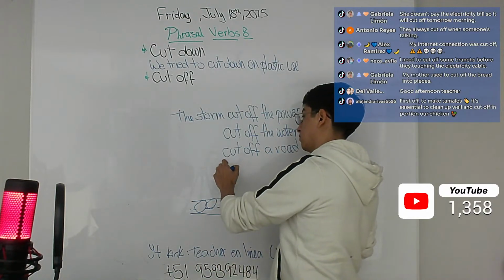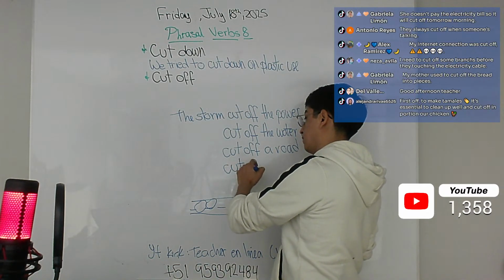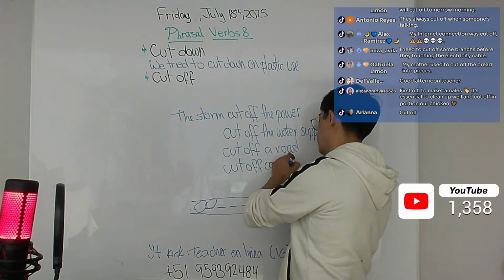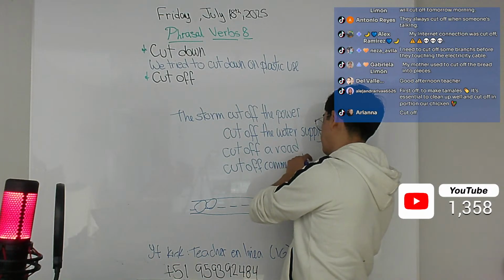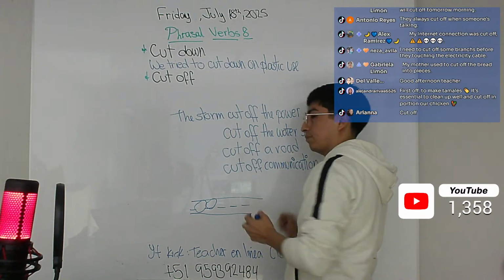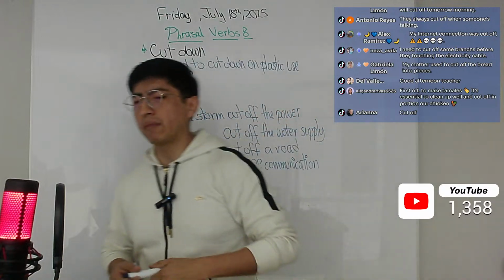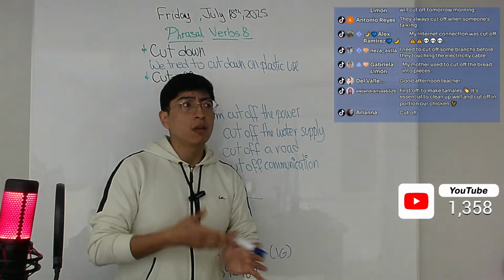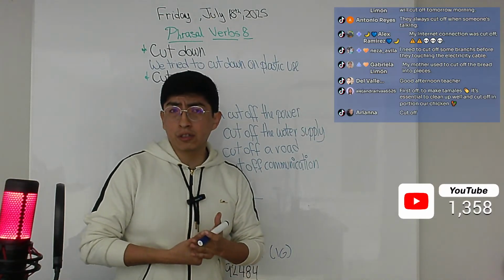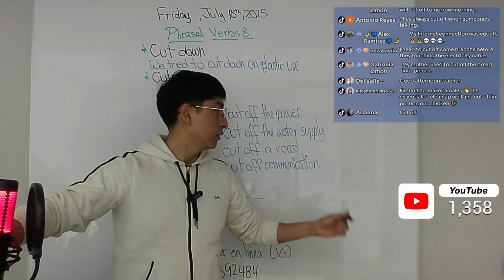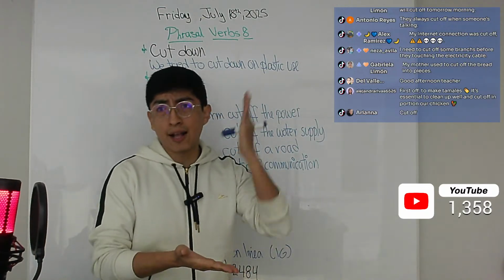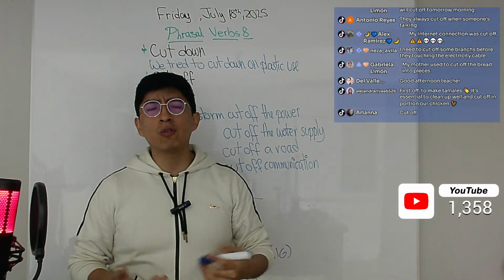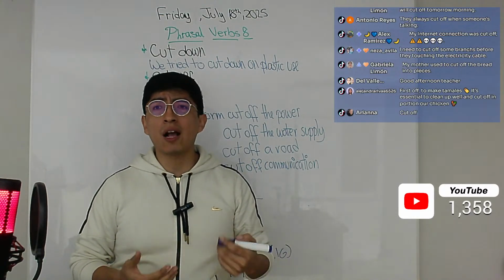Okay, what else can we say? Cut off communication. As I told you, cut off communication. It's very important, guys. If you break up with someone, if you say, well, we are no longer continuing together, it is very important that you cut off communication. Some people say, no, I want to know how she is or how he is.